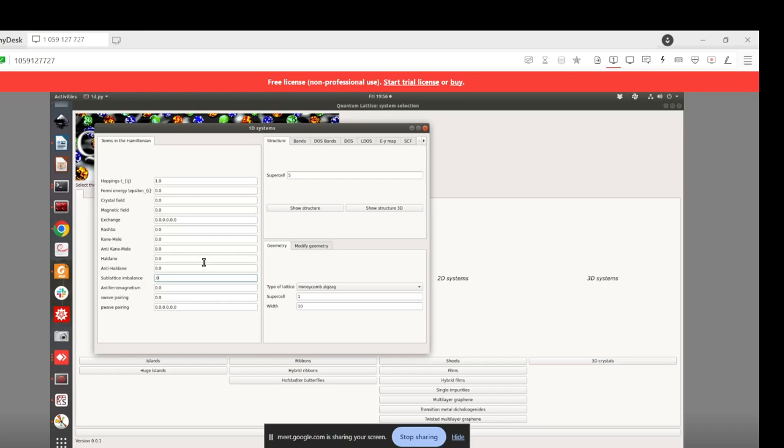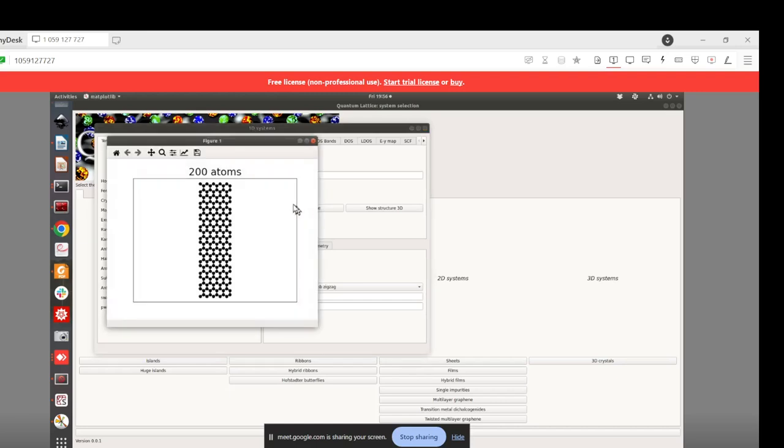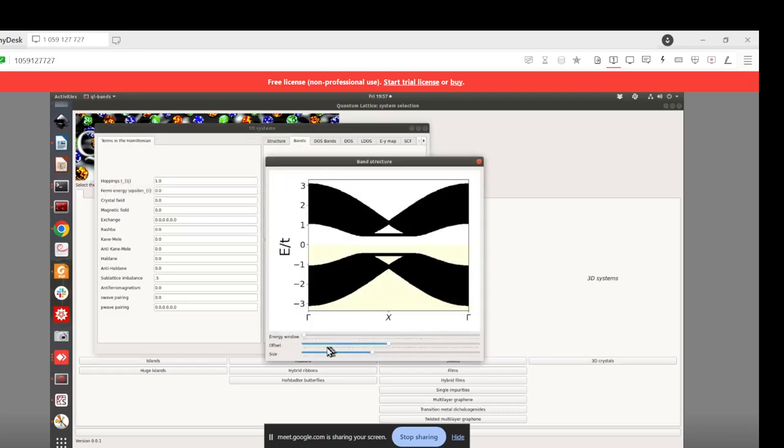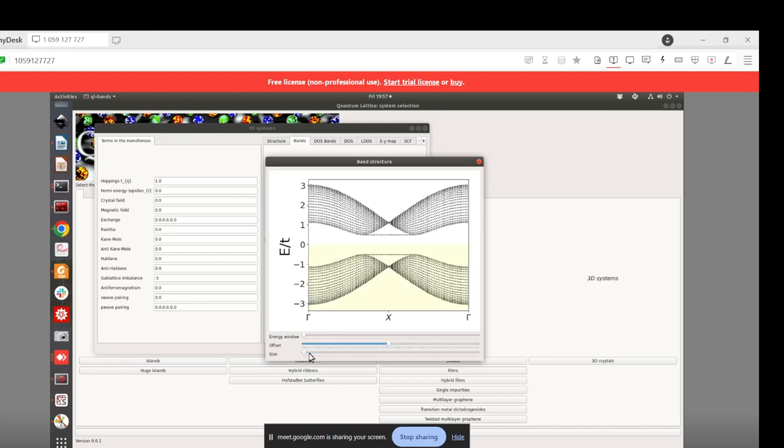Let's say again we are in honeycomb zigzag. Again the structure is the same. Now I want to see the bands. So you can see it, right?